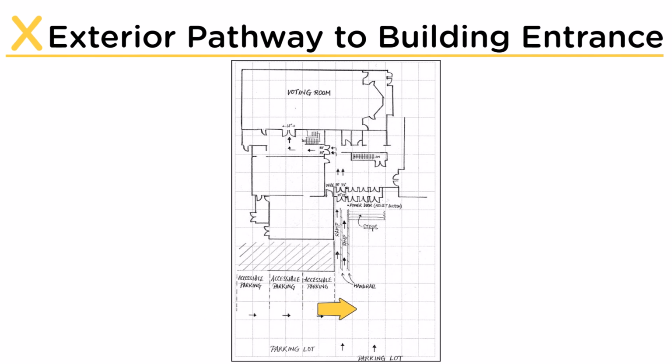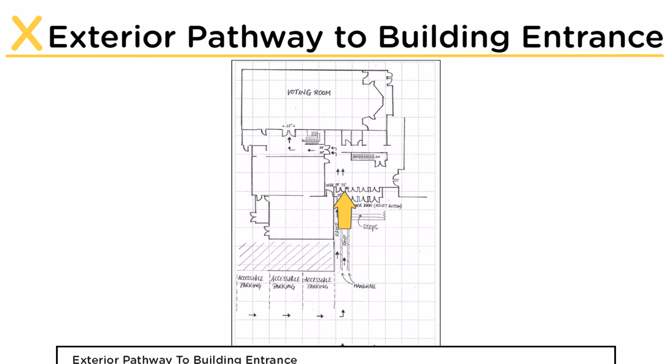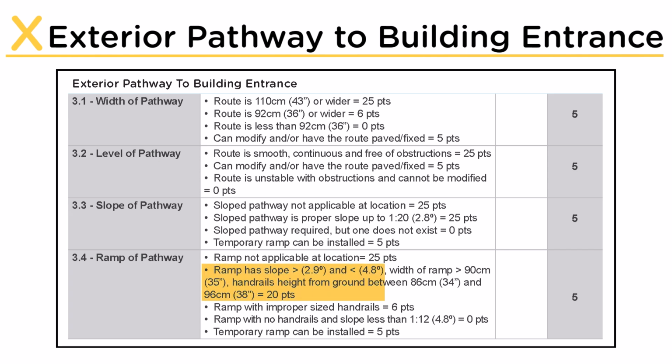Along the route, a pathway may have a slope or a permanent or temporary ramp. The entire pathway, including any ramp, needs to be wide enough and within accessible slope limits so that a person using a wheelchair, scooter, or service animal can travel safely and without obstruction. If a ramp has a slope between 2.8 degrees and 4.8 degrees, handrails are required and must meet the minimum height and width requirements specified in the checklist.